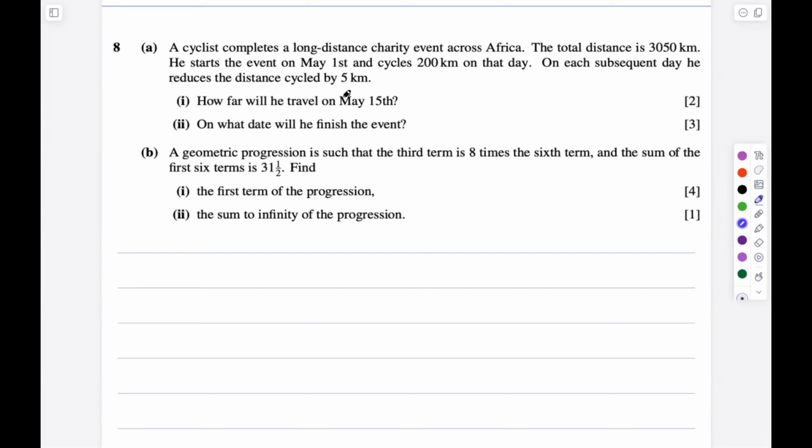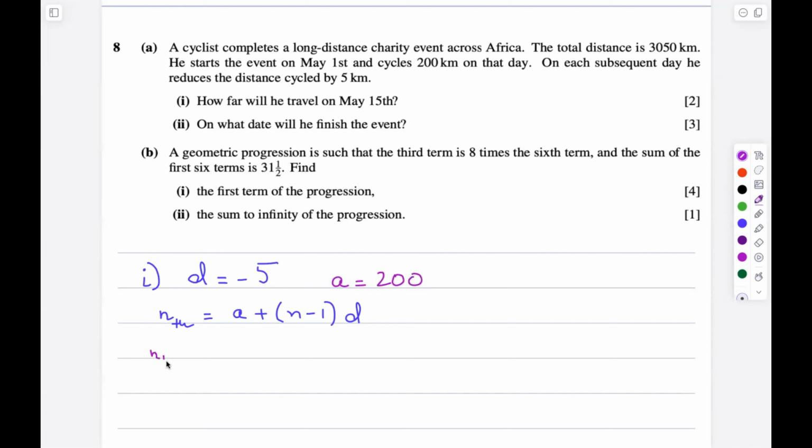Now, as he is reducing the distance traveled by 5 kilometers, it means that it is an arithmetic progression, as there is a common difference. So as it is reducing by 5 kilometers each day, d will be equal to minus 5. As we have to find the distance he travels on May 15th, we have to use the nth term formula, which is a plus n minus 1 into d. On the first day, he traveled 200 kilometers, so a will be equal to 200.